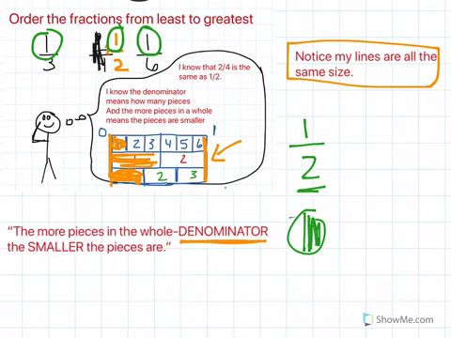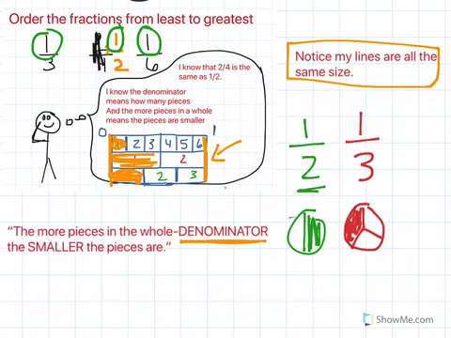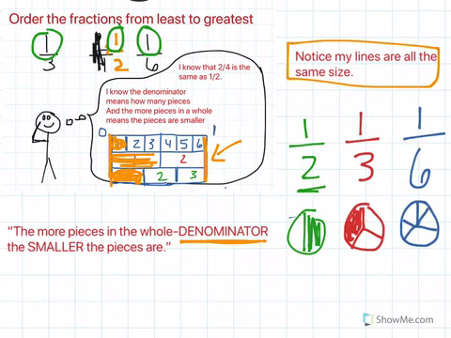If I had to share the same with 3 people, my pieces get a little bit smaller. And if I had to share something with 6 people, my pieces get even smaller. So I've noticed that when my denominator goes up, my pieces get smaller. I always think of it as how many people I would have to share something with.